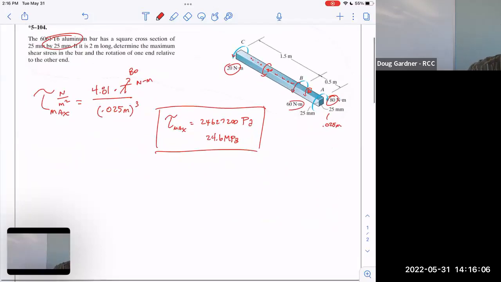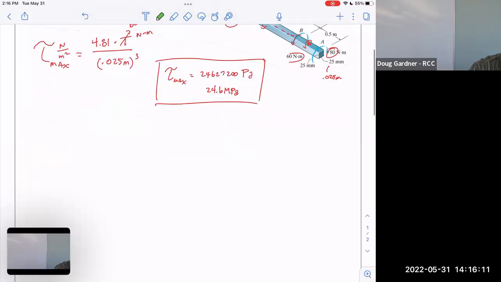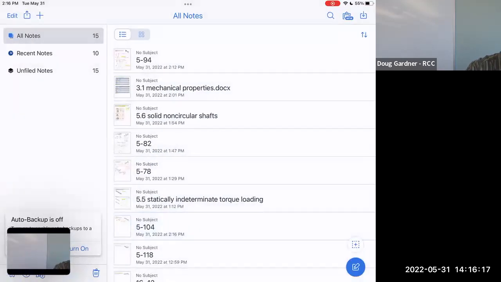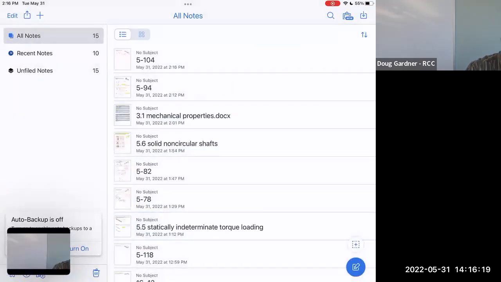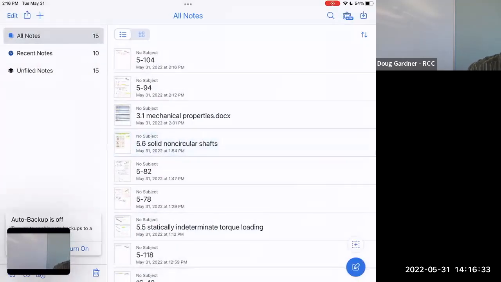What about twist? Completely different formula for twist. Twist for a square, 7.1 times T times L, over a to the fourth G. Whew, that's a lot going on.